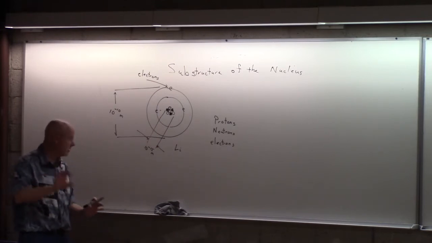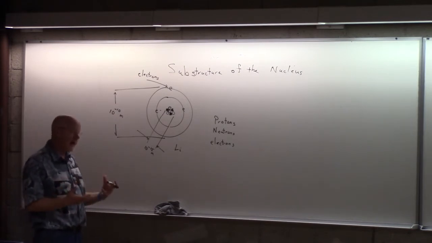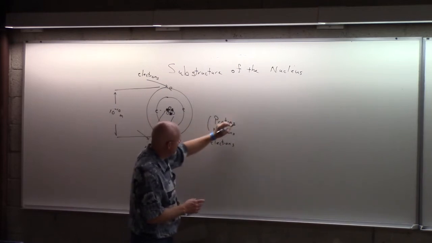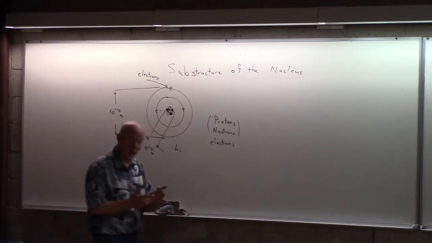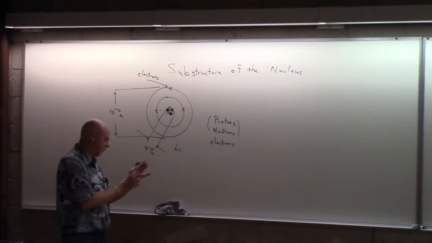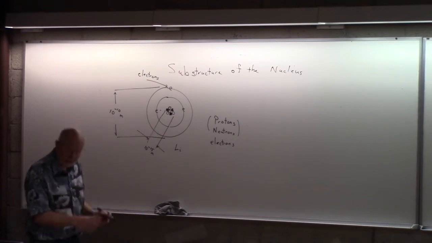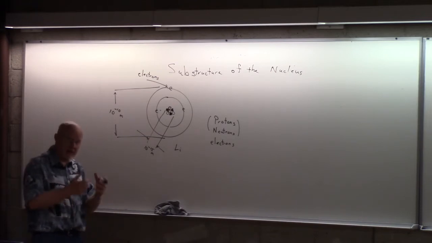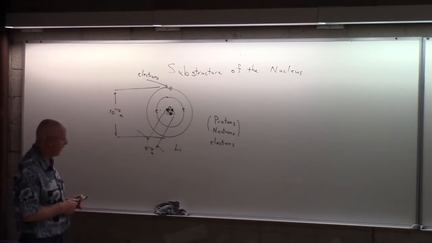And by the way, as a subnote, it's actually a bit more complicated. Your author doesn't go this far, but these are actually made out of things called quarks. We could go down that road, and I'm not sure why your author didn't. He did a lot of other pretty advanced things for you guys, but he didn't go that far. So I won't either.